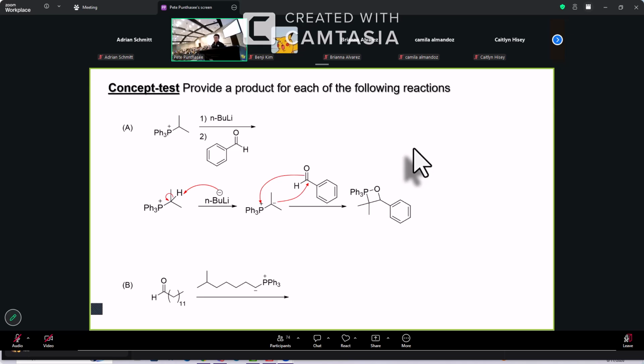All right, carbon attacks carbon, oxygen attacks phosphorus. You get a four-membered ring that looks like that, and then retro 2+2. That's the product.